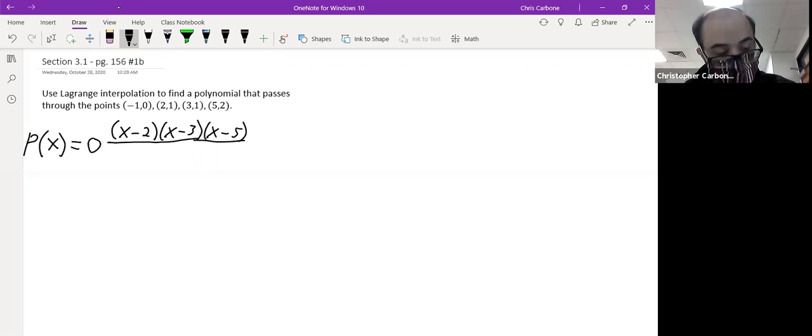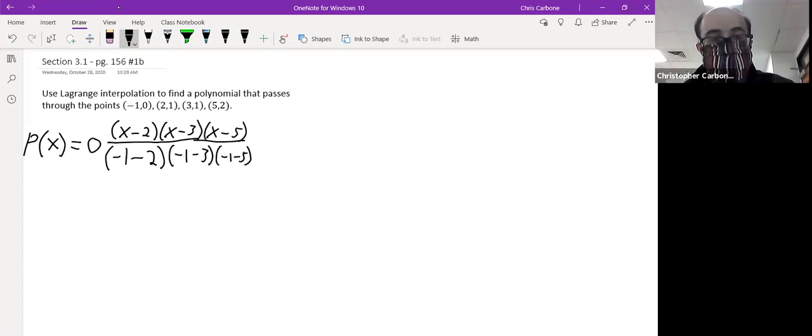And then this would be divided by, based on the value of x that we have, which is -1, we want to subtract each of the x values. So -1 minus -2, -1 minus 3, and -1 minus 5.